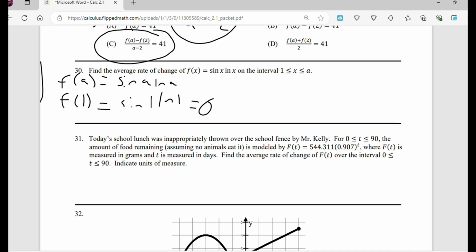Oh, ln 1 is 0, you should know that. And so f of b, which is really f of a, minus f of a, which is f of 1, over a minus 1. And that is going to be our final answer.